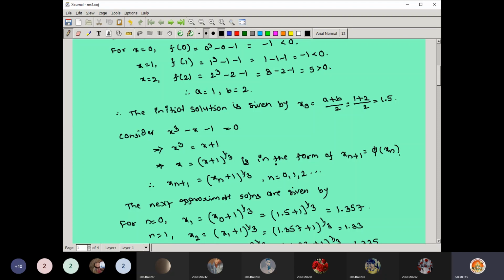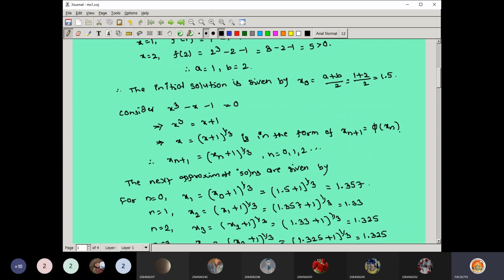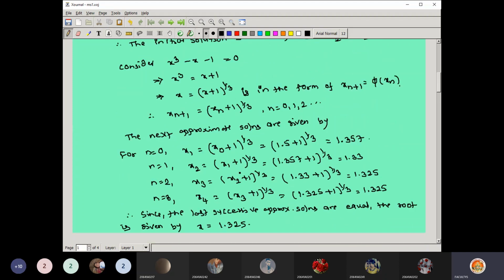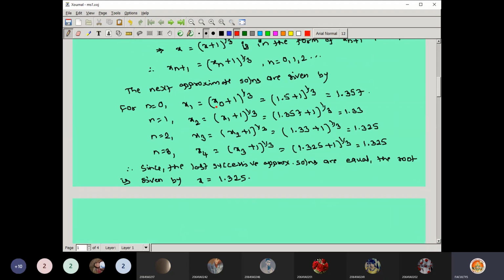That expression you suppose as x_{n+1} equal to phi of x_n. Then you substitute different values for n to get the next approximate solutions. Repeat the same process until the successive approximate values are equal. Wherever you get equal values, you can stop the process. That gives the final answer for the given problem. Is it okay?